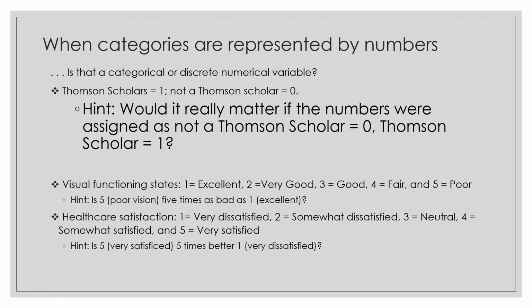We can assign the number 1 to very dissatisfied and the number 5 to very satisfied. And again, is the number 5 very satisfied 5 times better than the number 1? If the numbers matter, then these variables are examples of discrete numerical variables.